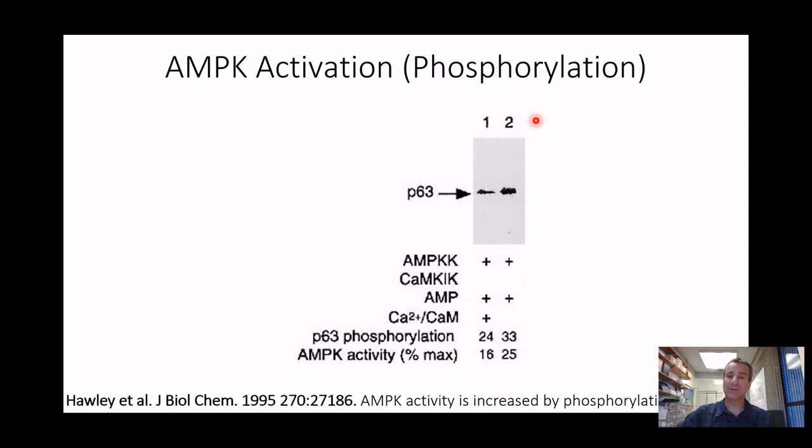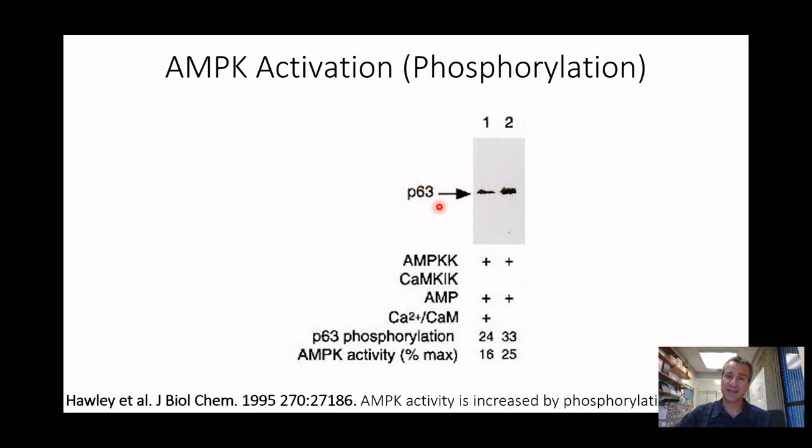Well, what happens when you have AMP and AMP kinase is that AMP kinase becomes phosphorylated. You can see that here when you have the kinase that phosphorylates AMP kinase. So in this case, we'll just call it AMP kinase. Together with AMP, now you get phosphorylation.